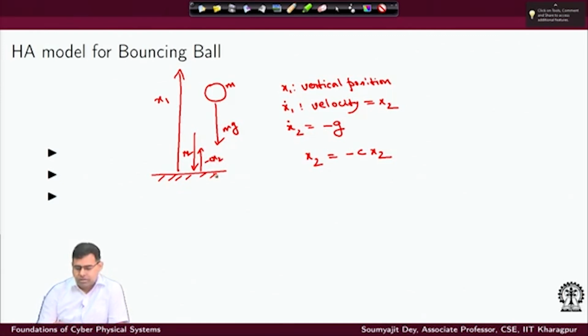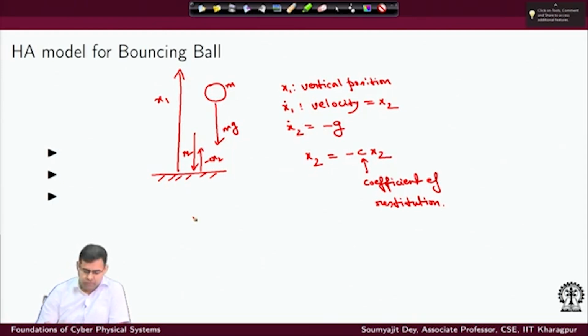Now, this c represents what we call the coefficient of restitution. And this minus sign is there because, of course, there is a change in direction, and velocity being a vector, we must have a change of sign here.